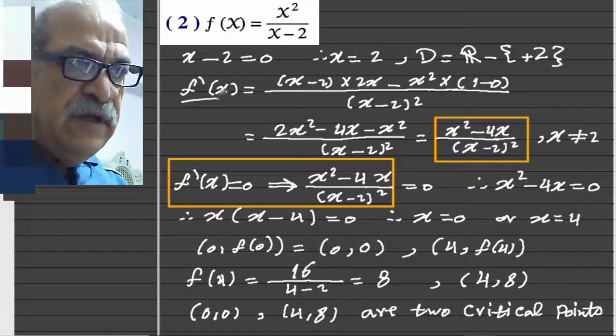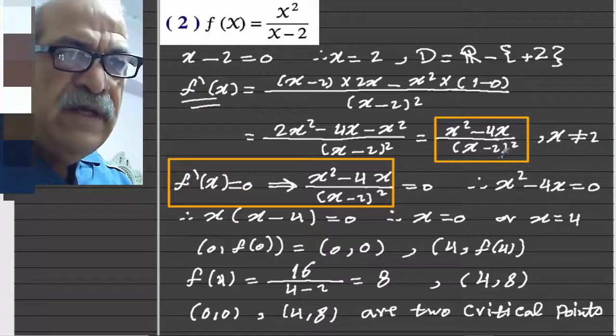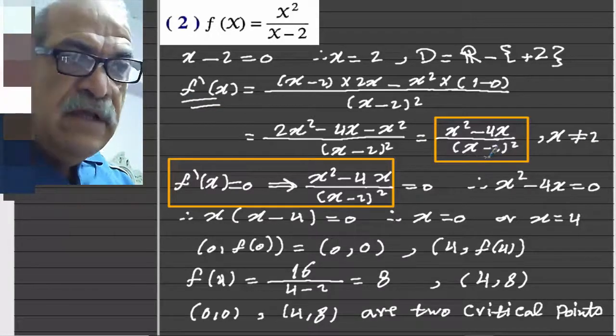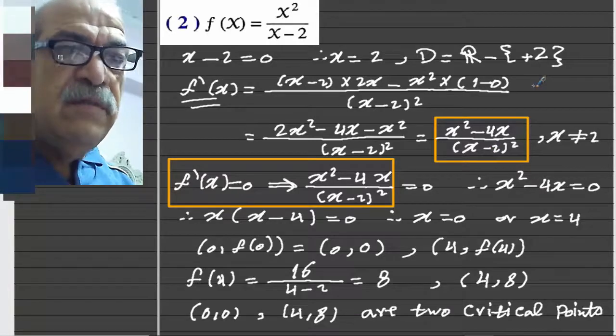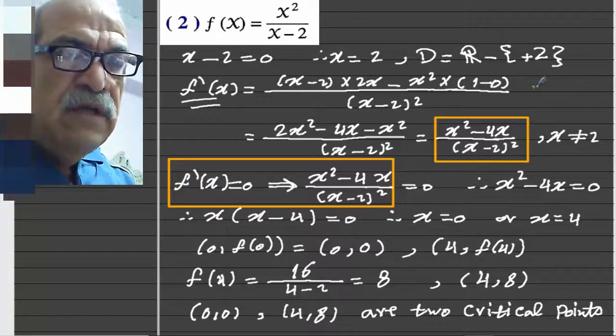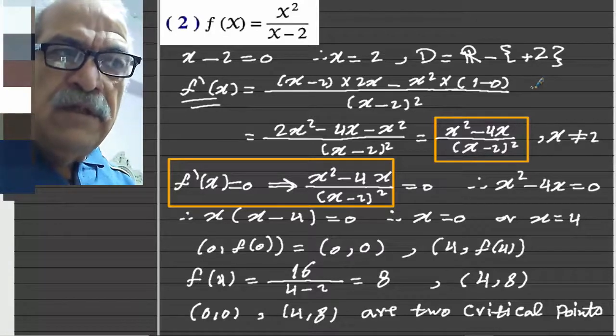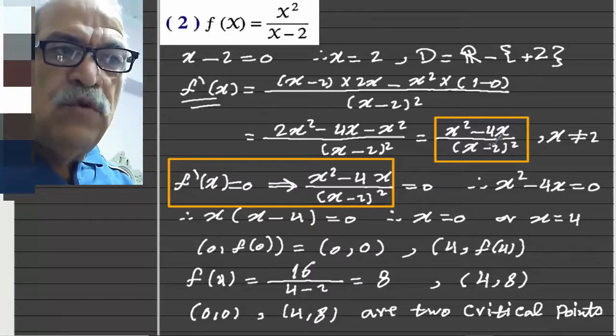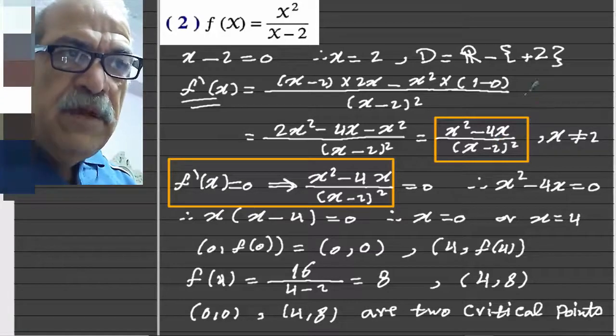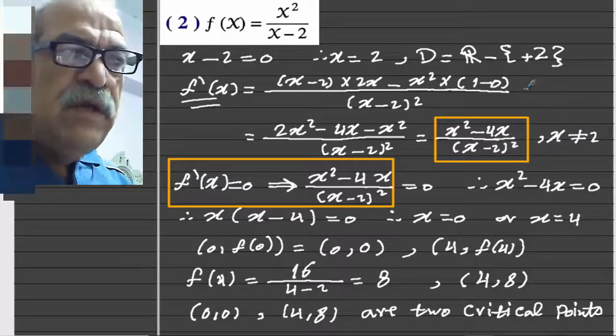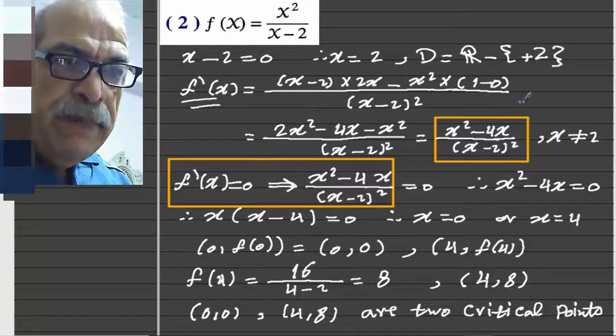So f dash of x is undefined when x equals 2. It is undefined, but 2 doesn't belong to the domain. So you can say that there is no critical point when x equals 2. Okay, because 2 is out of the domain of f of x, right?